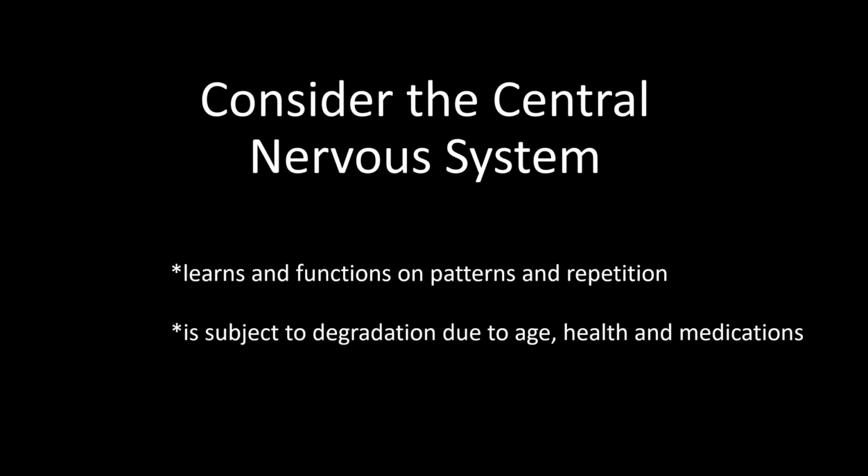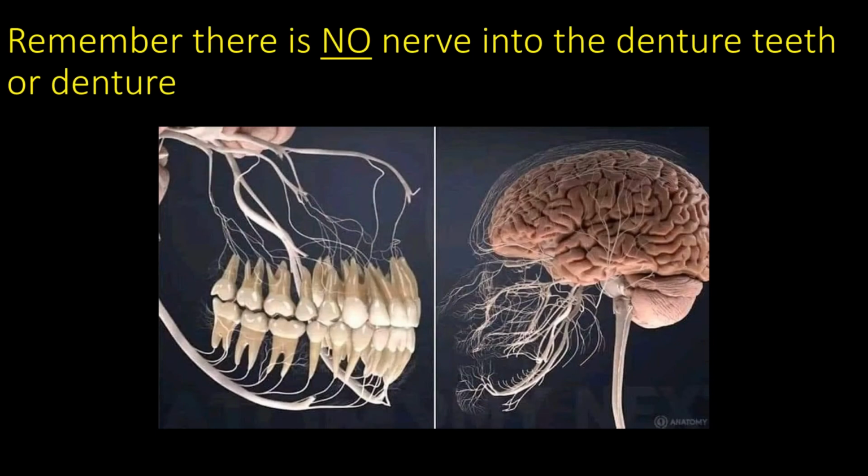So I understand that there's a pattern associated with this. That central nervous system is now subject to degradation due to age, health, and medical concerns. So your muscle tones and the neuromuscular and neural pathways aren't as sharp as they used to be as we get older. So remember, there's no nerve into the denture or the denture teeth.